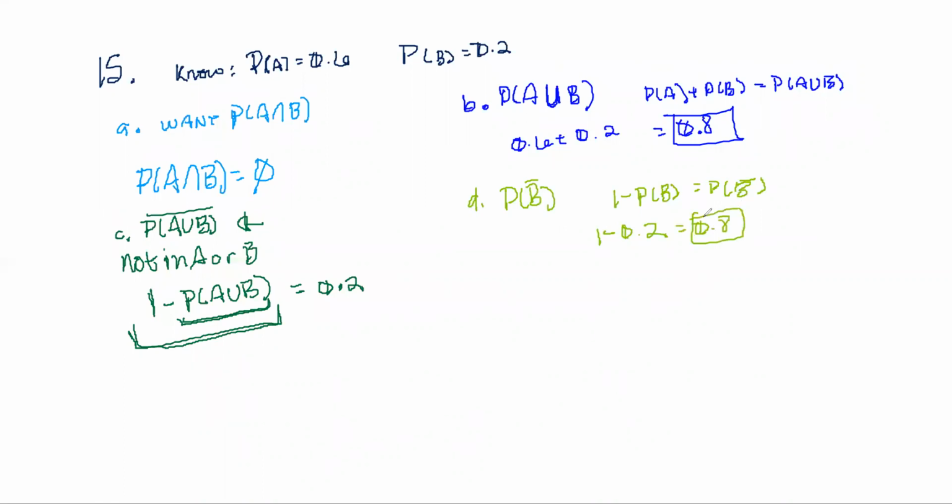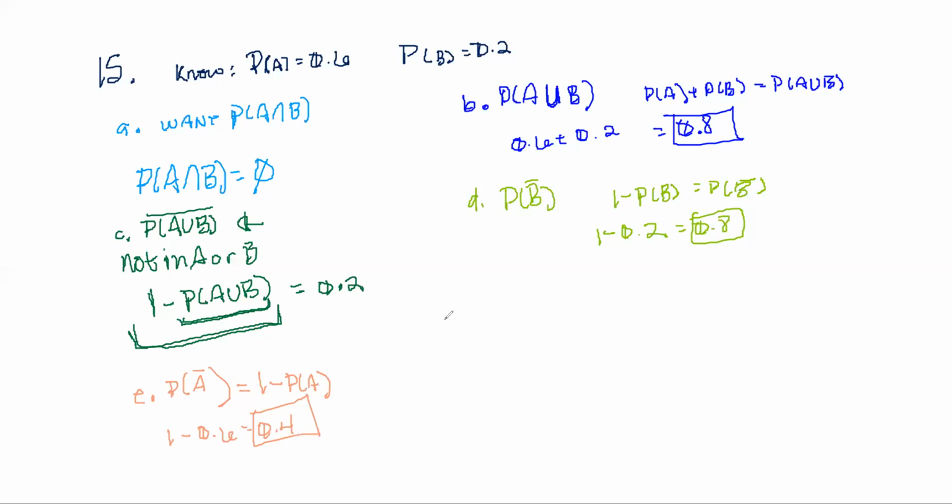The probability of not getting something inside of B is 0.8. Okay. Continuing, we have E. The probability of not getting something in A, same process. So 1 minus 0.6 is equal to 0.4. Okay.